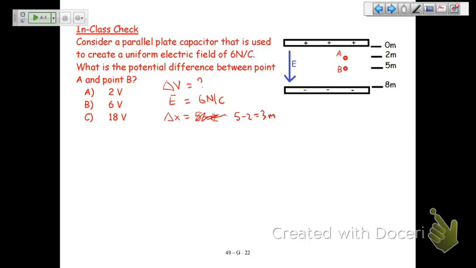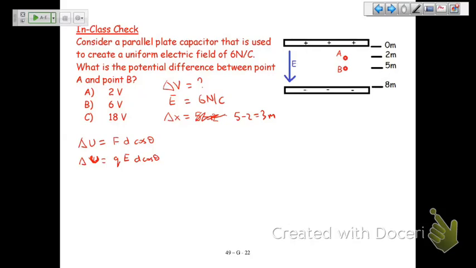I know that delta U is equal to the force times the displacement times the cosine of the angle between. So delta U is equal to Q times E times D cosine theta.